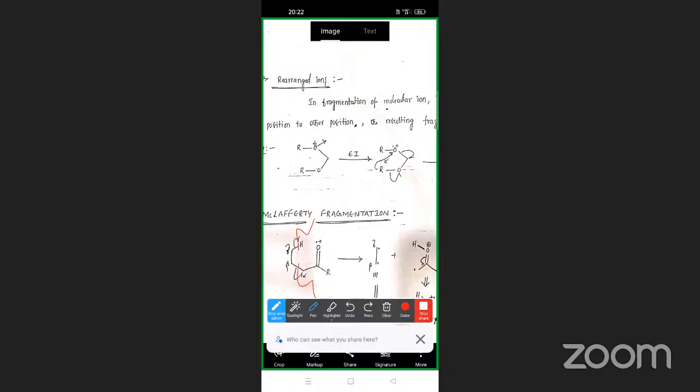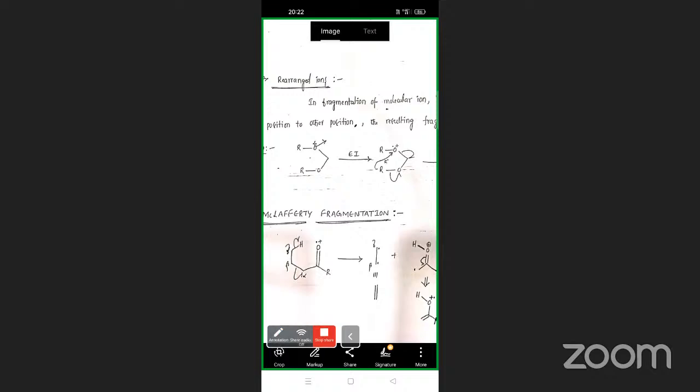Radical formation takes place, and the alpha beta bond is going to cleave. Then what do you get here? We get these particular fragments, as you can see.